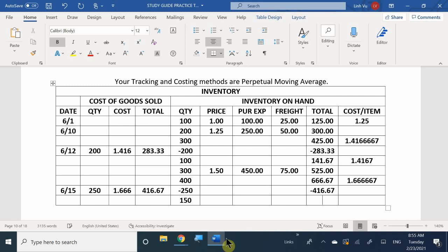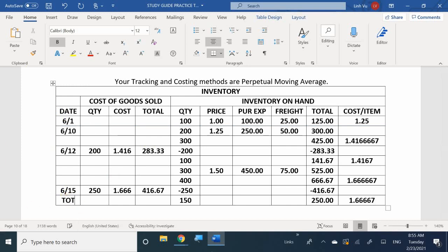No, try that again. 250. You should have 250 even. Good. And of course, if you recalculate that, that should still give you the 1.6667.